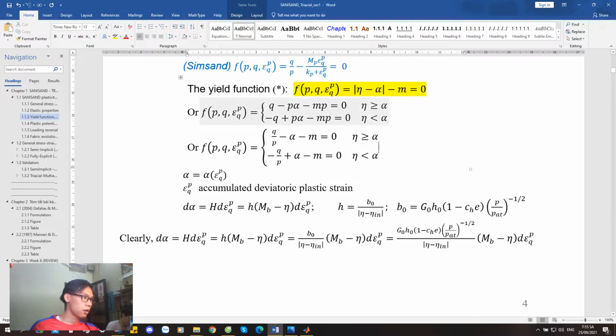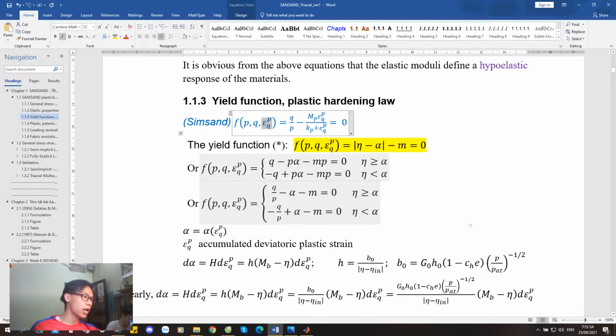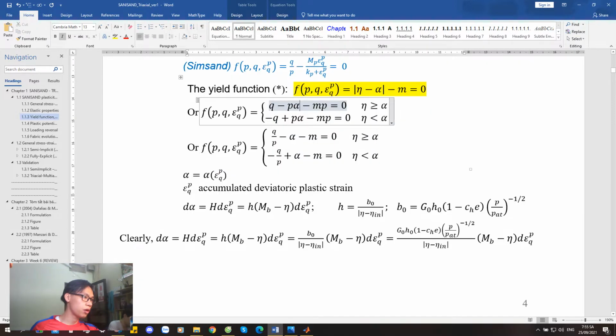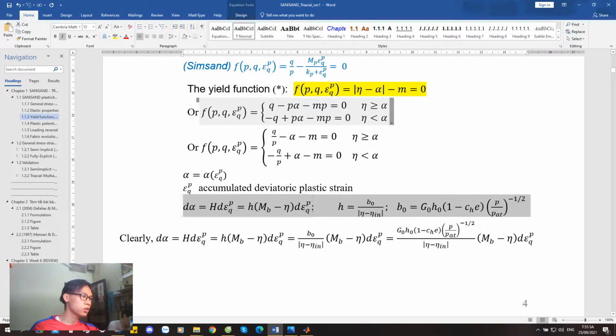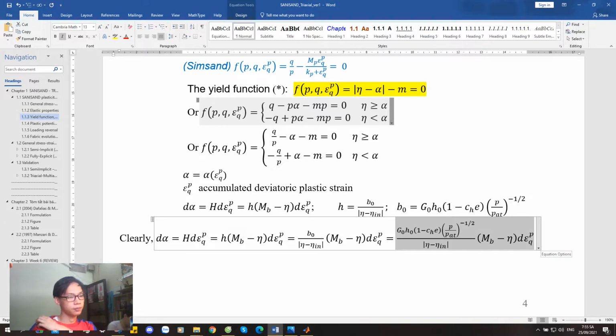So the alpha and QP, you can see it looks like a trick because it just depends on epsilon QP. So we have this at that time, and alpha is epsilon QP. So you have to solve all the formulation there, and finally you can have this equation. Alpha really just depends on epsilon QP.